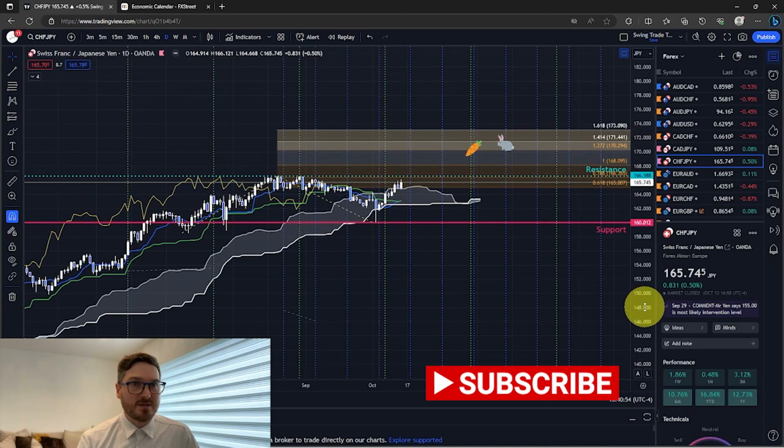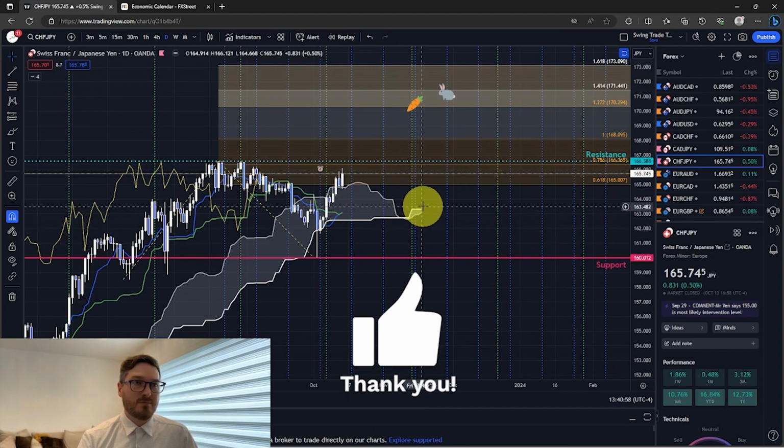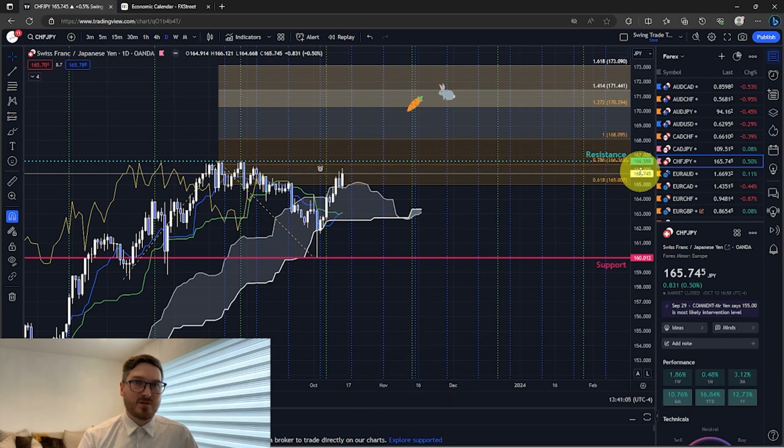So guys, on the daily chart, we're going to need to wait for a stronger bullish Kumo cloud structure to form. So we're going to need to break this resistance level, which is the 166.588 level.